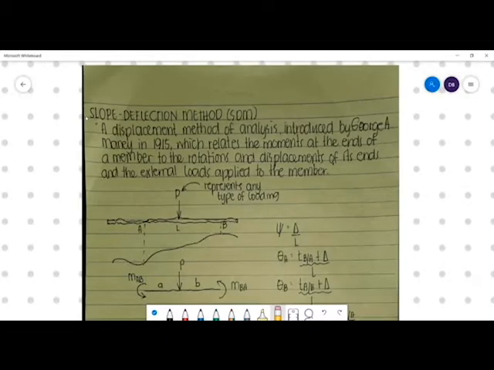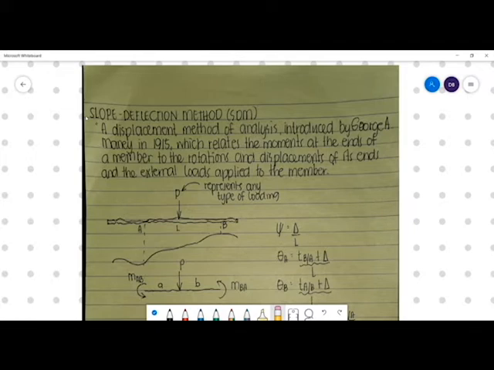Okay, so slope deflection method, no, is a displacement method of analysis introduced by George A. Maney in 1915, which relates the moment at the ends of a member to the rotations and displacement of its ends and the external loads applied to the member.